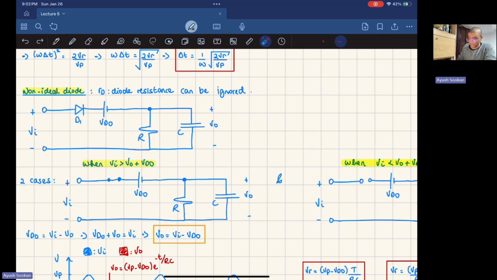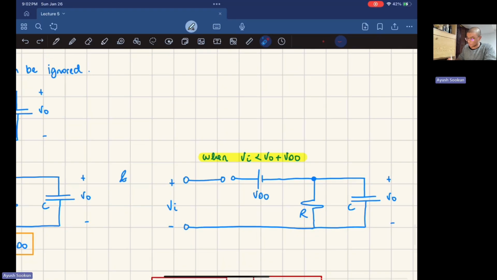When VI is greater than V0 plus VDO, so this voltage, where the plus sign is, is greater than the sum of this one and this one, this diode is going to be on. And the second case, when the positive side is smaller than this side, then the diode's going to be off.